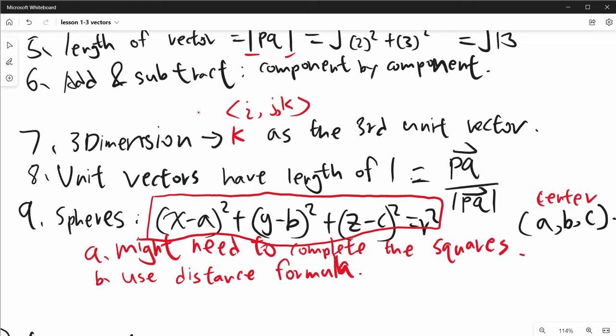When you work with this formula, sometimes you might need to complete the square, so that's something you might need to know. Sometimes you can just use the distance formula when you're asked for the radius: if you're given a center and a point on the sphere, you can just use the distance formula to calculate the radius.